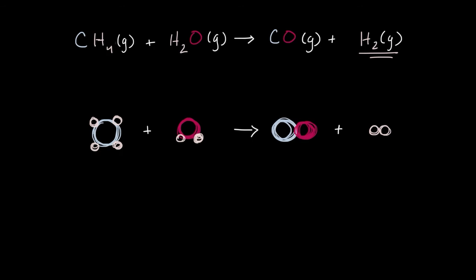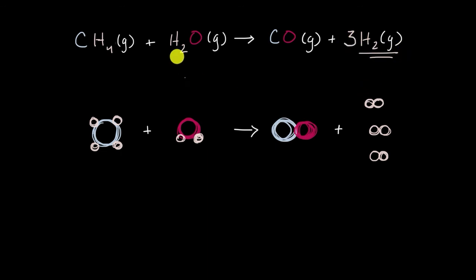Well, how can we have another 4 hydrogens? Well, that's if we have 2 more molecules of hydrogen. So that's 1. And then that is 2. So instead of just having 1 molecule of molecular hydrogen that has 2 hydrogen atoms in it, we now have 3. So to balance this chemical equation, all we have to do is say, okay, we don't just have 1 molecule of hydrogen here, we have 3 molecules of hydrogen.